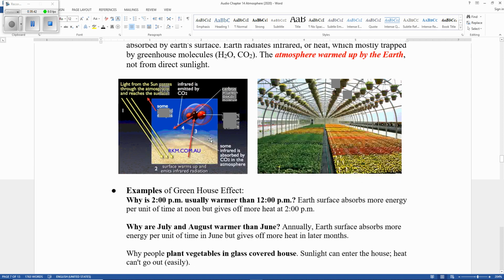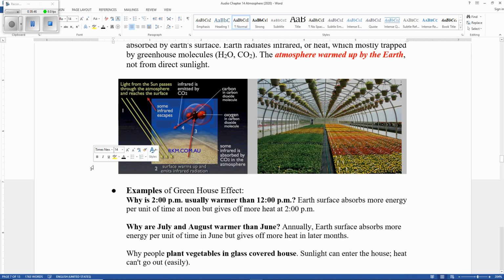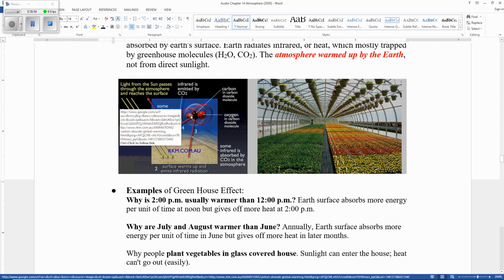So this diagram shows what happens. The sunlight is received by the land first, then later it radiates heat, and these molecules, this carbon dioxide, trap the heat, then later give it back to the atmosphere. So there is a time delay. The Earth receives energy first, then later gives it back to the atmosphere.